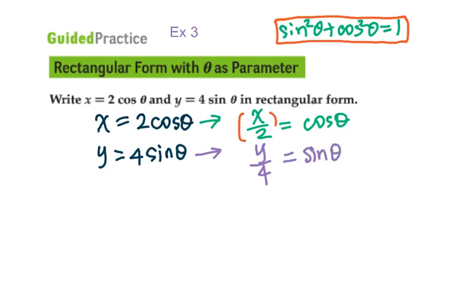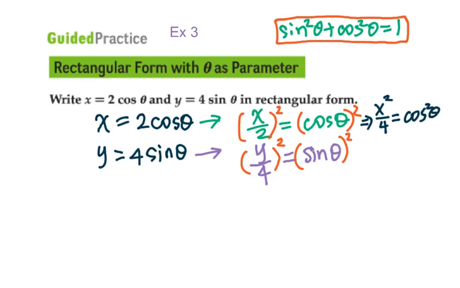Then square both sides. You will get x squared over 4 equals cosine squared theta. And the second equation, we can get y squared over 16 equals sine squared theta.